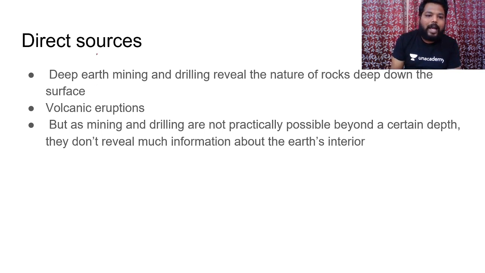So the direct sources which help us understand the interior of the earth include deep earth mining and drilling, which reveal the nature of rocks deep down. But how deep can you drill? Only to a limited extent. Volcanic eruptions are also an important direct source, where we can understand the interior until the mantle depth.